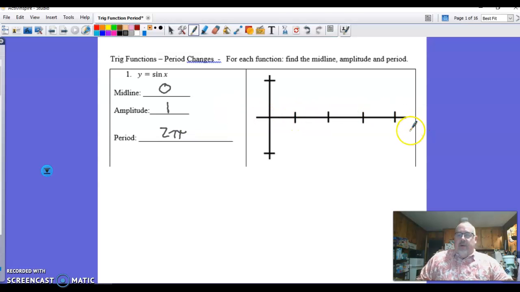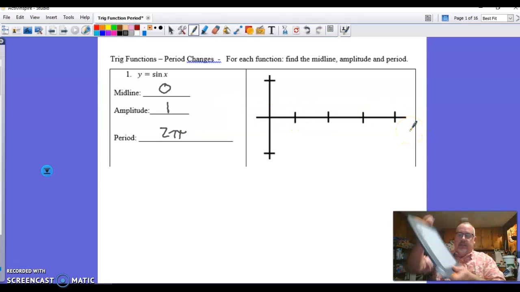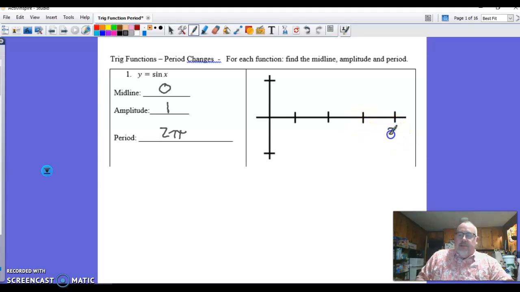Forgive my writing. I'm doing it on a little slate here while I look at the screen. But the period is 2 pi. Then you've got pi in the middle, pi over 2, and this would be 3 pi over 2.